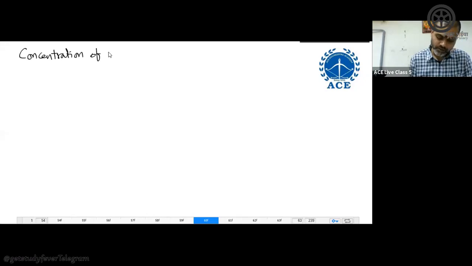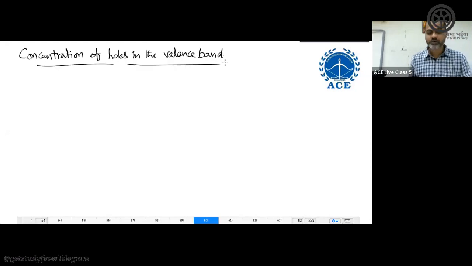The procedure is going to be similar to what we have done for the concentration of electrons in the conduction band, but we'll see what is the difference.